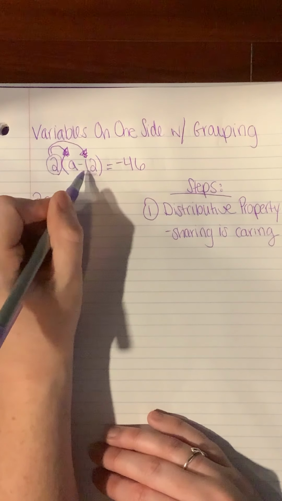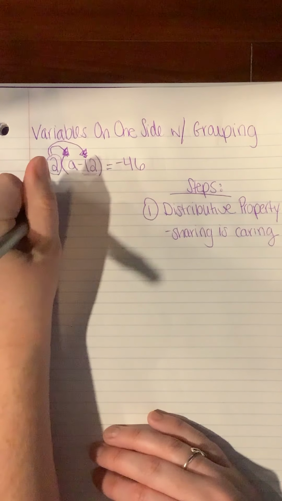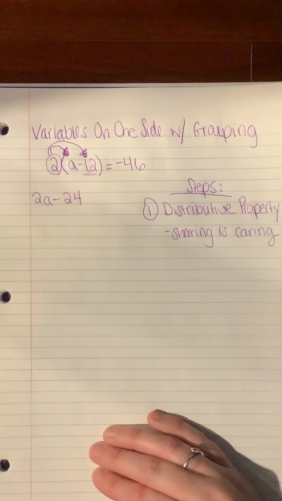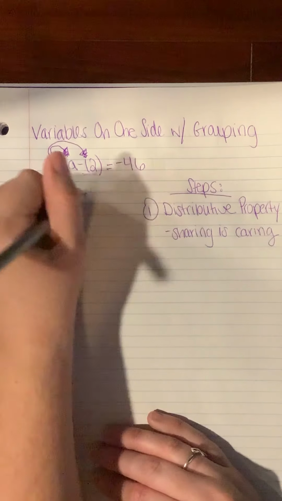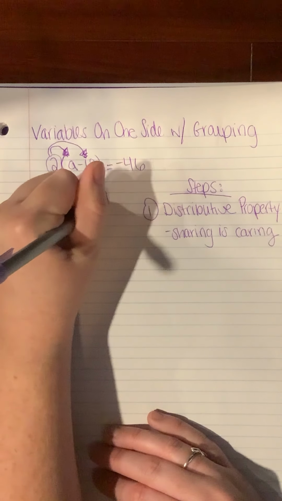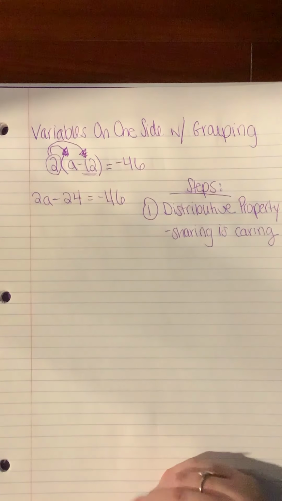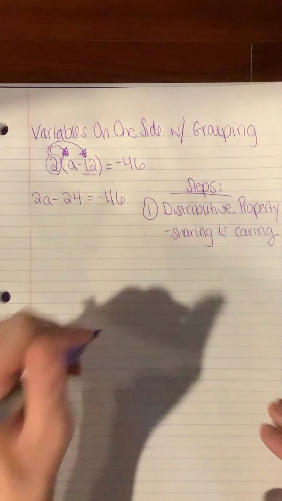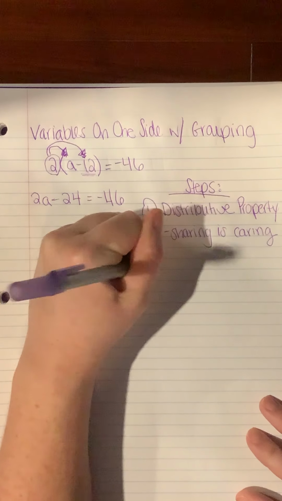So it's 2 times minus 12, well, minus 24. Now I'm just going to rewrite my equals negative 46. Well, sweet. By using the distributive property, we were able to rewrite it as an equation. So that's your second step.